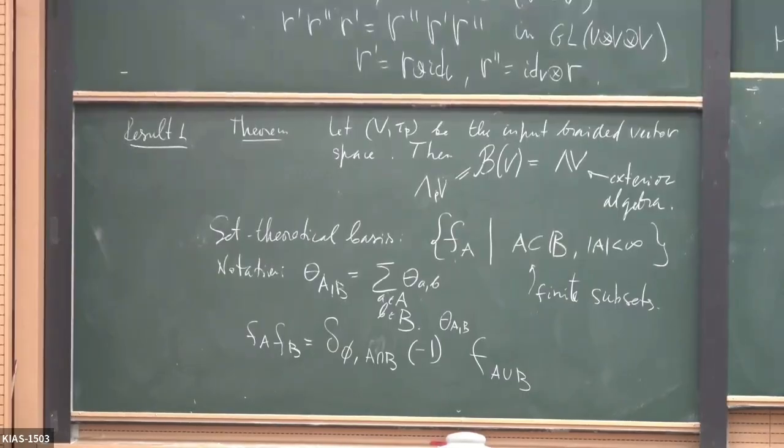It squares to 1. And then it is a well-known fact that the corresponding Nichols algebra is the exterior algebra. With this, you put here 1 in the coproduct.